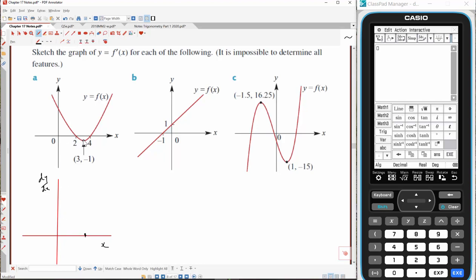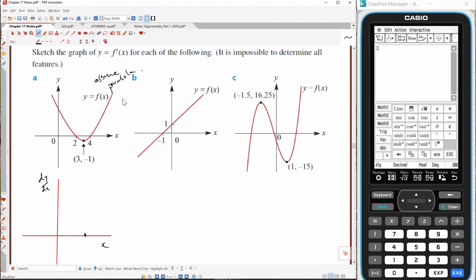Now, I assume it's 3, and I assume this is a parabola. It looks a little bit skew-whiff to me, but anyway, I'm going to assume parabola. All right, so on this side here, what we note is that the gradient is always negative. So that means dy/dx will be negative over this side. It's got a 0 gradient there, and then on the right-hand side, the gradient becomes positive.